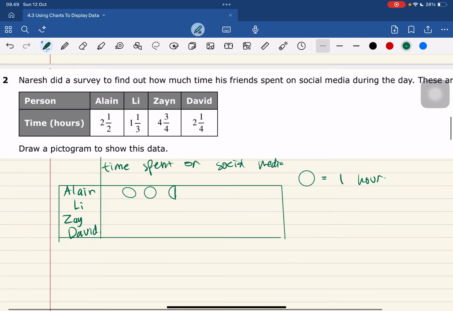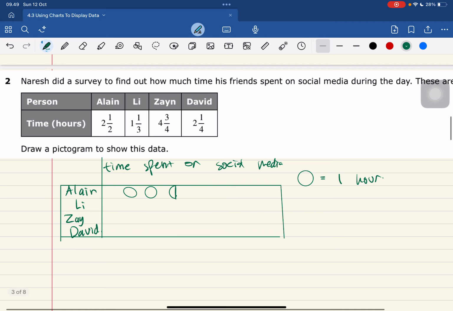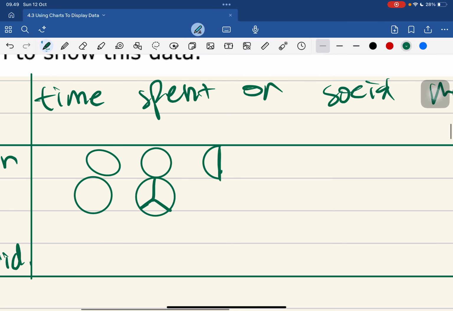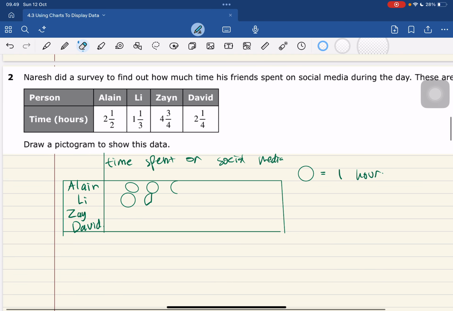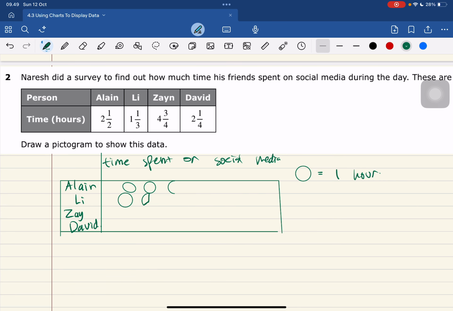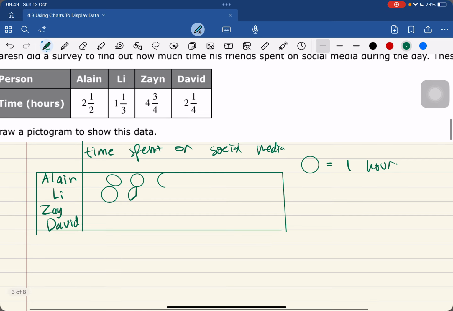Next is Lee. So whole is 1 hour and 1/3 of a circle. Okay, 1/3. Next, we got Jean, 4 hours and 3/4. So 4 hours, let's make it 4: 1, 2, 3, 4, and 3/4.